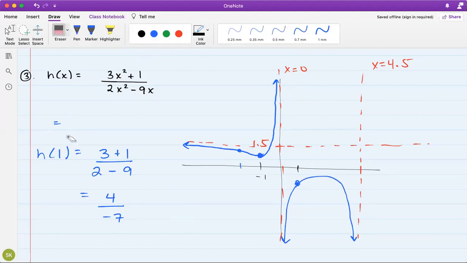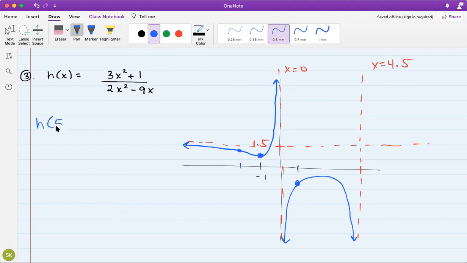Okay, now let's choose something bigger than 4.5. So let's go with 5. H of 5 is equal to 3 times 25 plus 1 over 2 times 25 minus 9 times 5. I'm going to put this in the calculator.